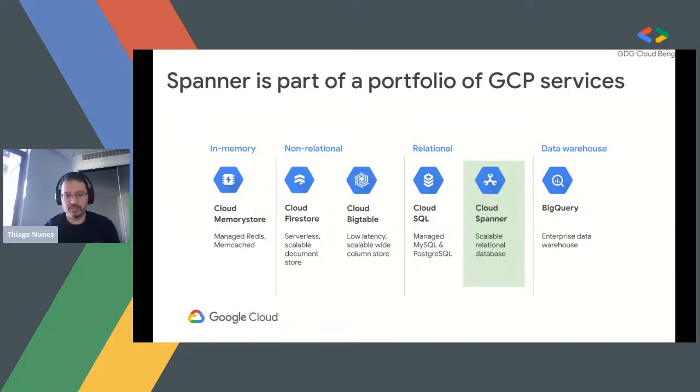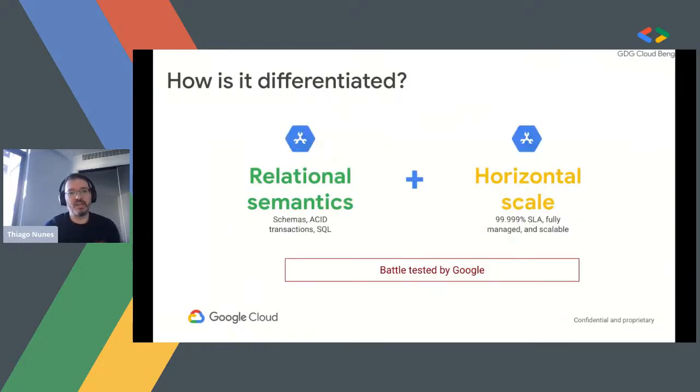And when you think about horizontal scalability, this term is often associated with NoSQL or schemaless databases, right? So what is the difference from that to Spanner? Spanner combines horizontal scalability with relational semantics. And when we talk about relational semantics here, we're talking about schemas, ACID transactions, and SQL, right?